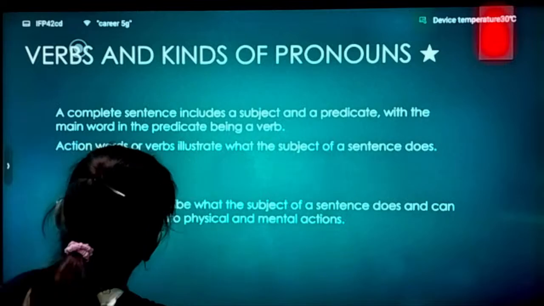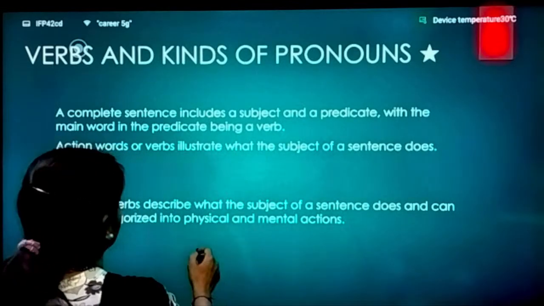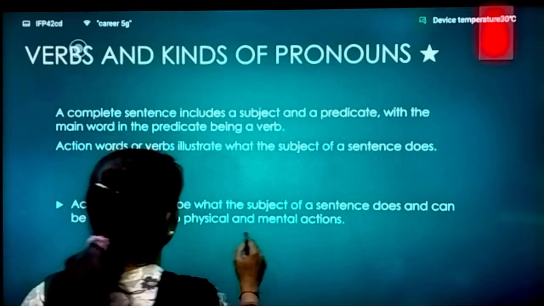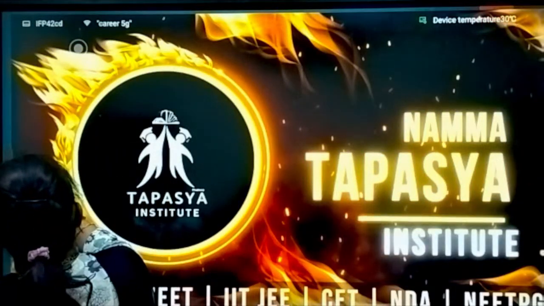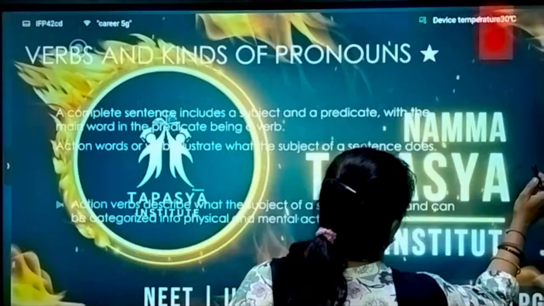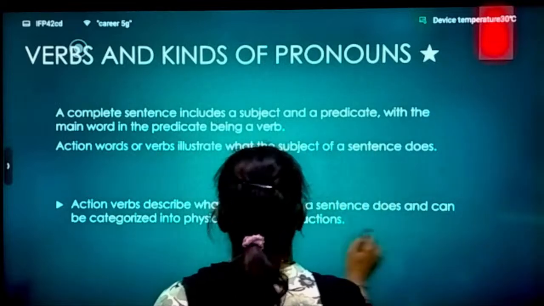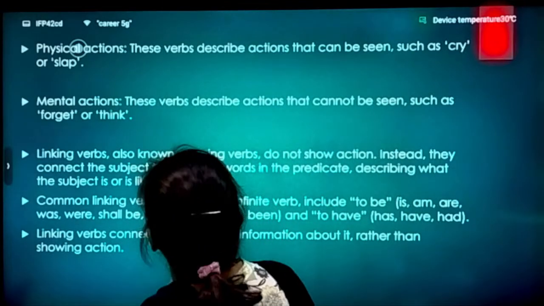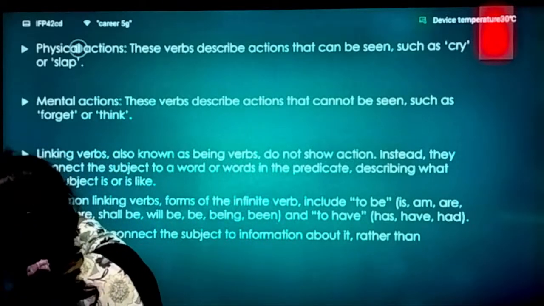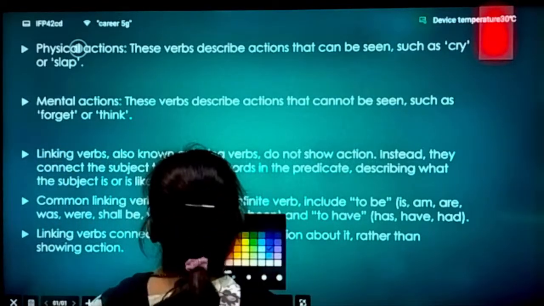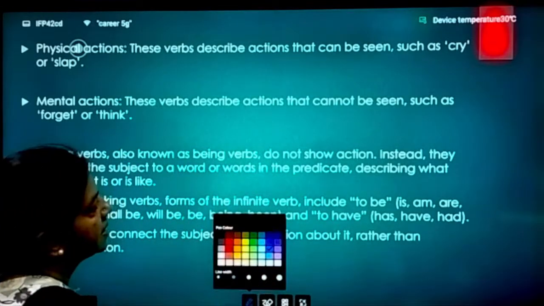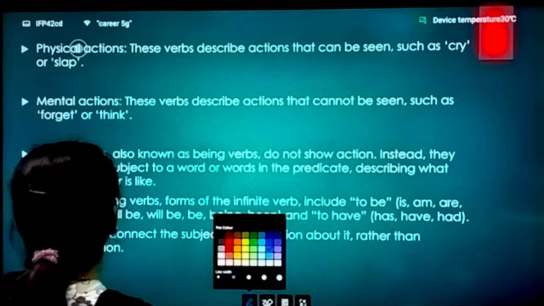There are two things related to verbs, the mental action as well as the physical. We have already dealt with this and given the examples also.